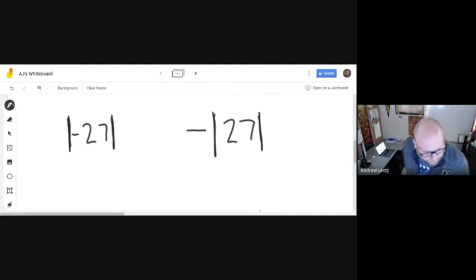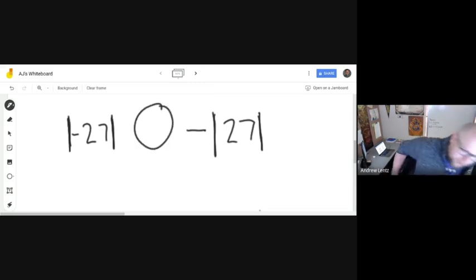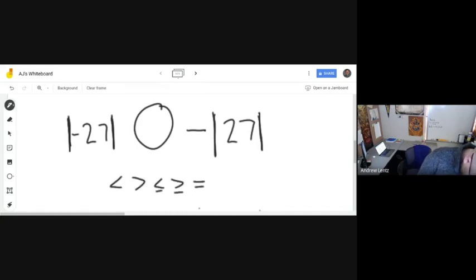Now, I want you to tell me which symbol would you put in the middle?